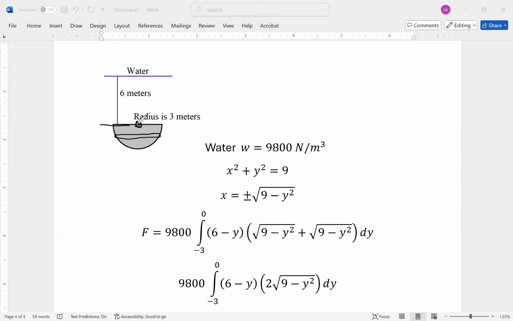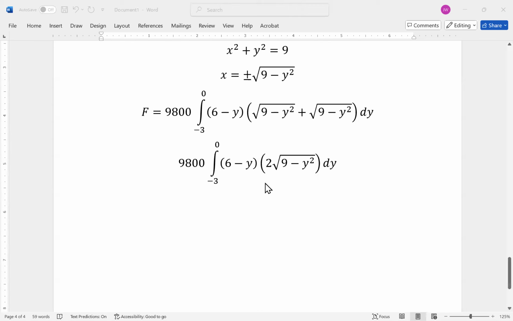Again, that all depends on us putting our origin right here at the center, and then the x-axis and the y-axis are there. So we'll clear that. Now I'm ready to type this into my calculator. 9,800, integrate from -3 to 0 of, again, make sure you type it in right.